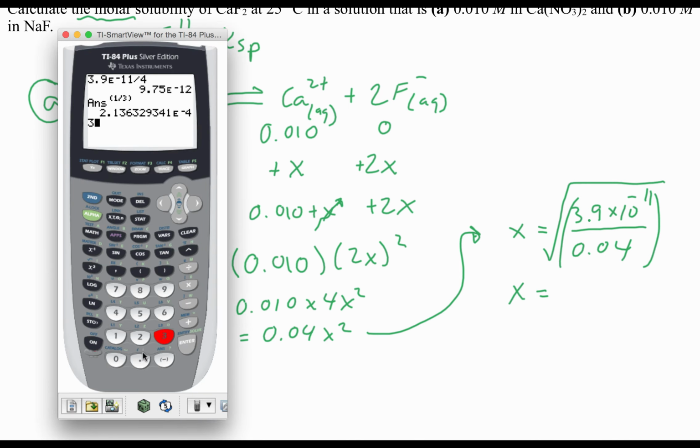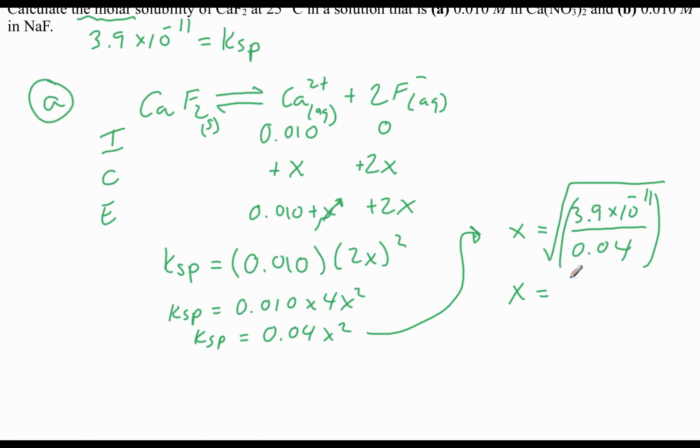I got 3.9 times 10 to the negative 11th divided by 0.04. And again, I need the square root of that. Square root, second answer, and I end up with 3.1. Sig figs, 3.1. I should have had 2 there. So 3.1 times 10 to the negative 5th.